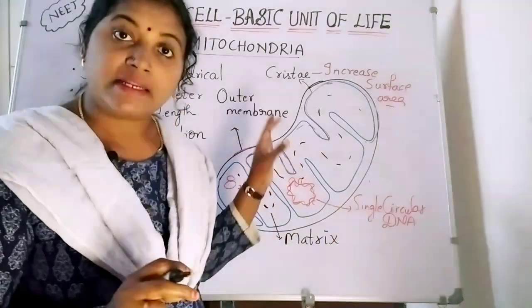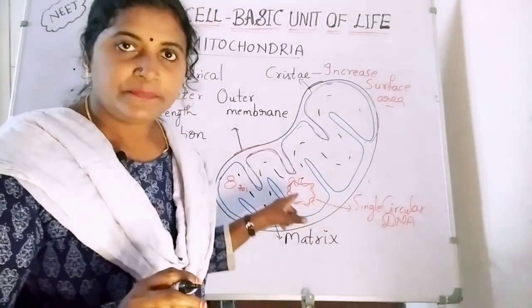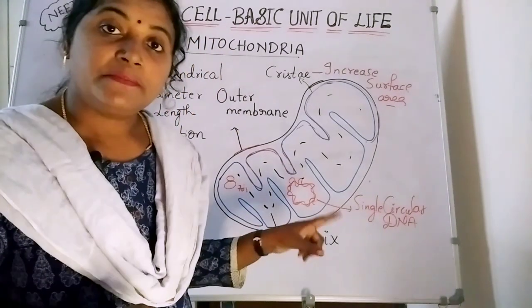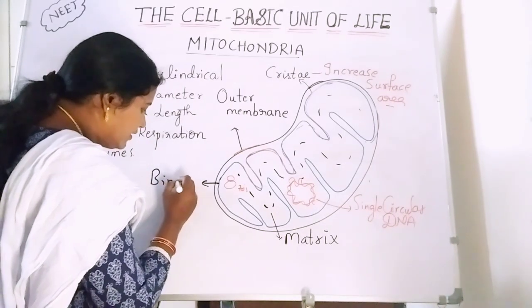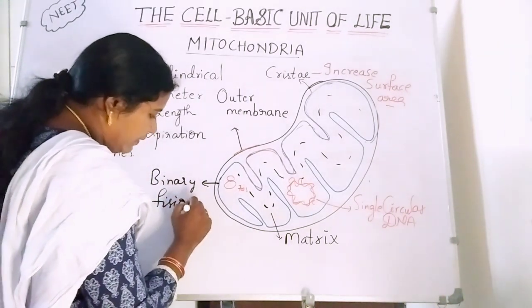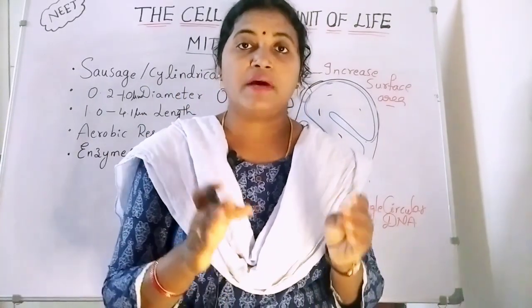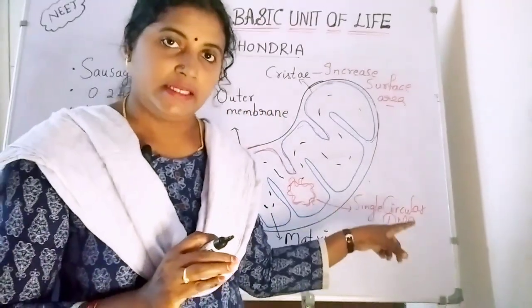This matrix contains single circular DNA, and the multiplication, the division, will be by binary fission. One mitochondria is going to divide into two by the process of binary fission with the help of this single circular DNA.